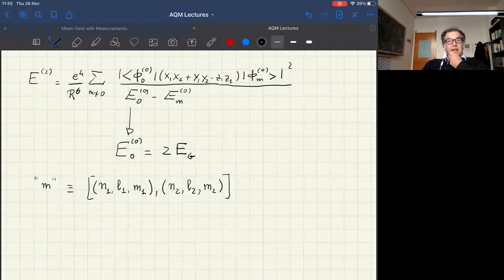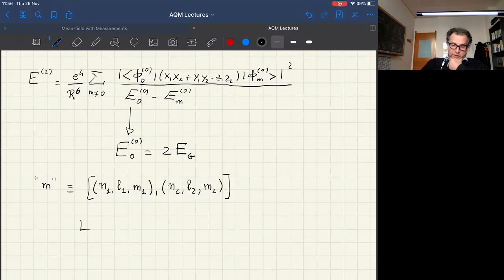So we have the quantum numbers for the first electron, which are principal, angular momentum, and projection, and the same for the second.